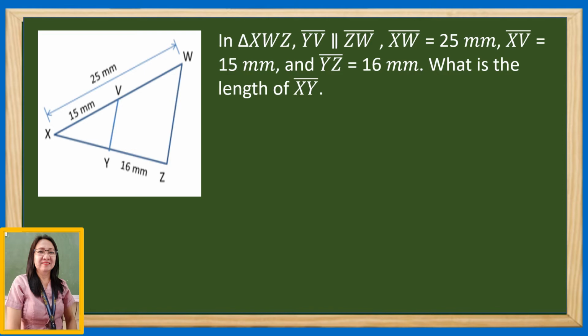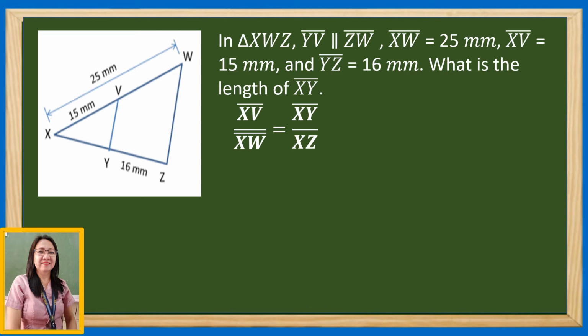So what is the length of XY? At this point, we're going to use the proportion XV is to XW is equal to XY is to XZ. So we use the second one, which is part to the whole.